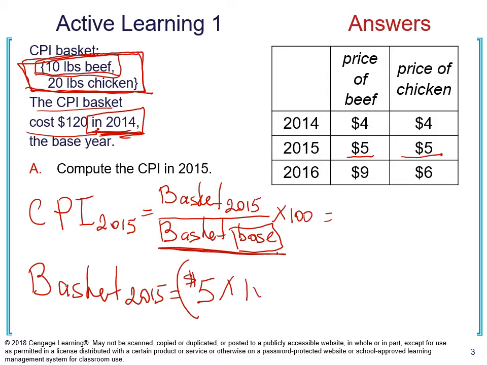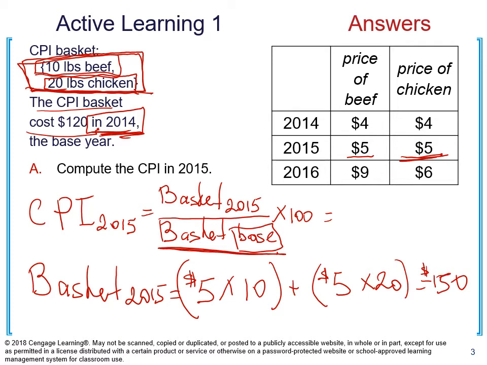And then we have a second product that is chicken. The price of chicken was also $5, and the quantity of chicken that a typical consumer purchased was 20 pounds. Multiply by 20. If you calculate all that, it's going to be, I believe, $150, and this is our basket cost for year 2015.